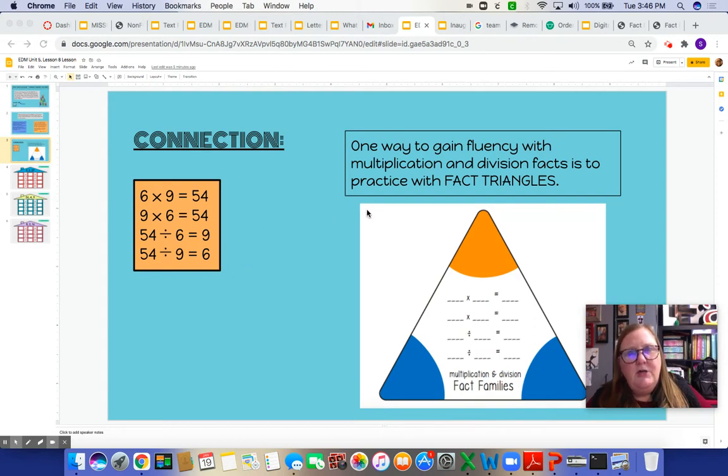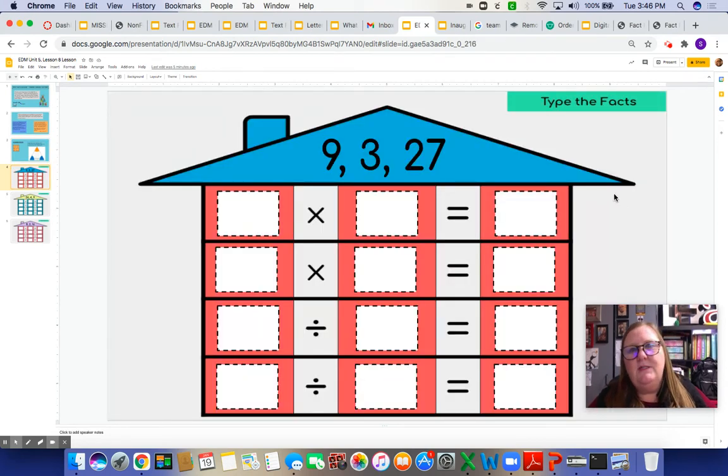One way to gain fluency with multiplication and division facts is to practice with fact triangles. So that's what we're going to practice today. I'm going to give you some slides for practice, and you're going to complete the fact families for multiplication and division. Here's the first one. It's an example.